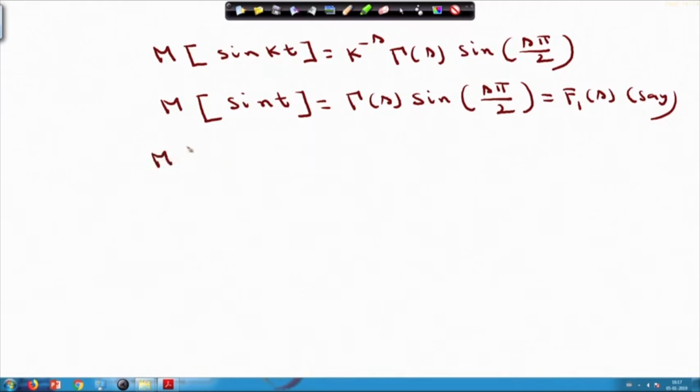Therefore, the Mellin transform of sin t by t, again from the properties, will simply be f 1 s minus 1.